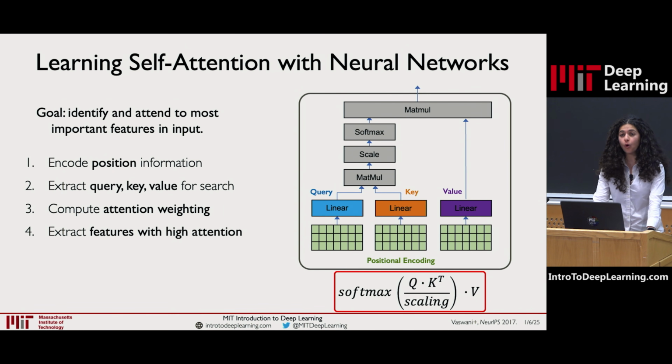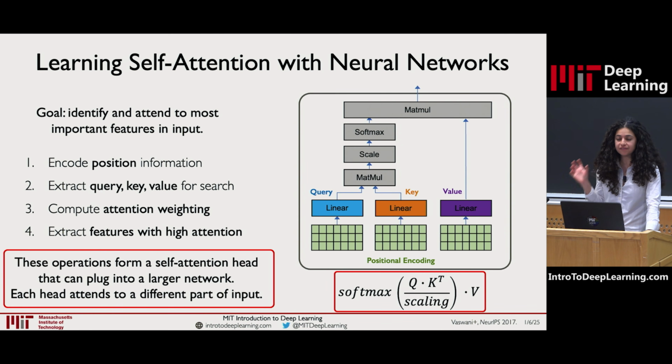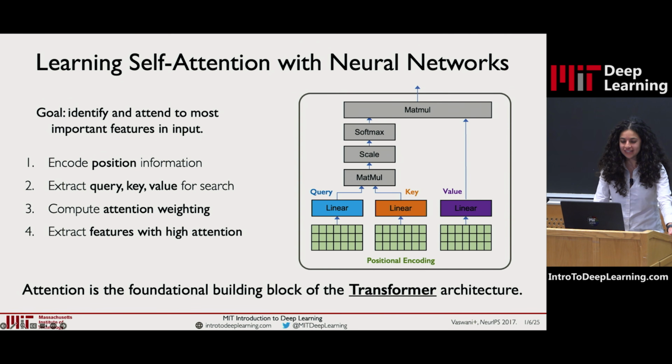And these are the core operations that now define these attention heads, which are really the core component of architectures like the transformer. So as we've mentioned and realized, attention is the foundational building block of transformers.